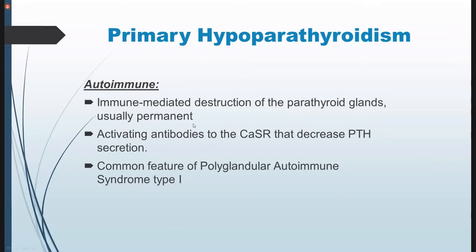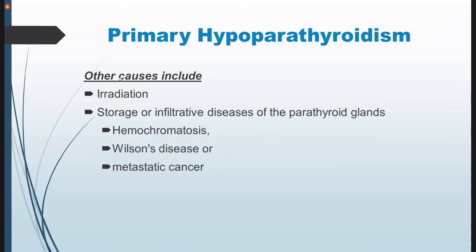Usually this autoimmune hypoparathyroidism forms a part of polyglandular autoimmune syndrome type 1, where you can get celiac disease, type 1 diabetes, and there can be mucocutaneous syndrome where the skin and mucous membranes are affected by candidal infections, and they are not easy to treat. Other causes of hypoparathyroidism include any irradiation to the neck, storage or infiltrative diseases like hemochromatosis, Wilson's disease, or any metastatic cancer.